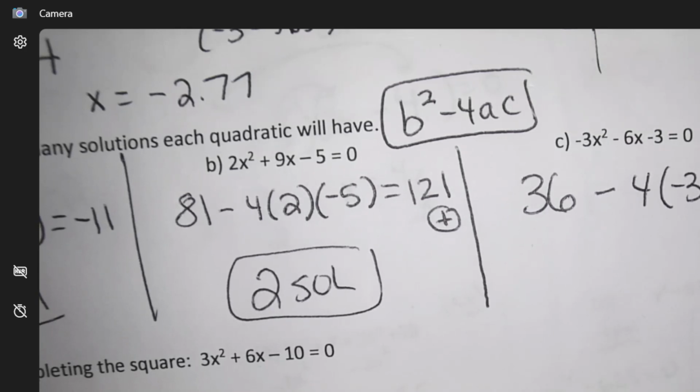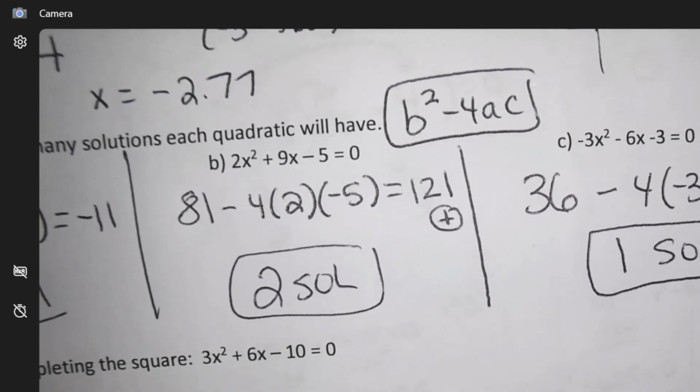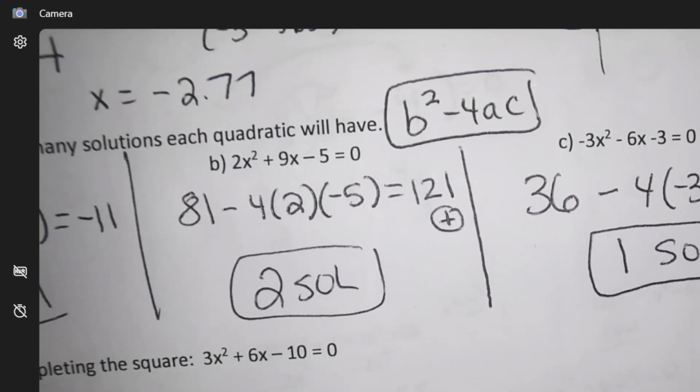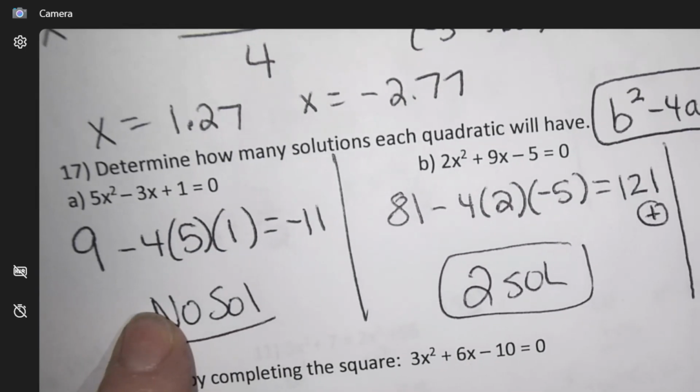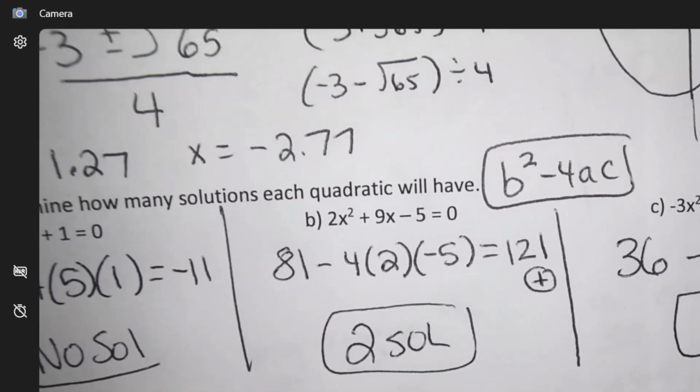So what happens in that formula if you add the square root of 0 or subtract the square root of 0? You're not getting 2 different things. You're only going to get 1. Okay, so that's the rules. Negative, nothing. Positive, 2. If you get a 0, there's just going to be 1 answer.